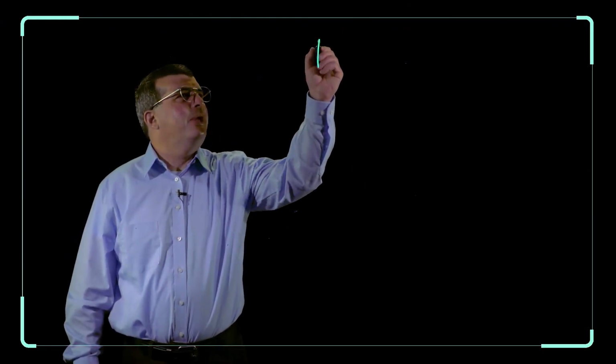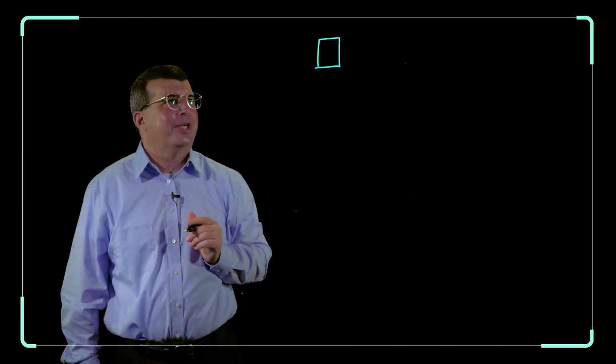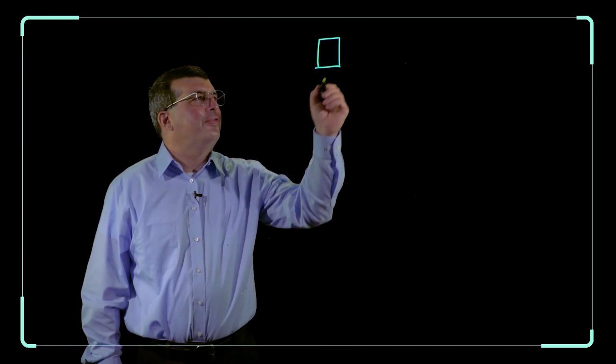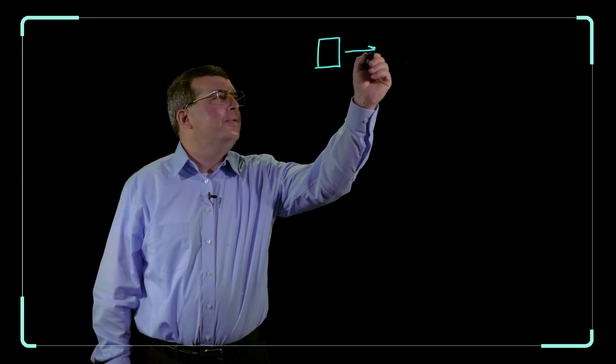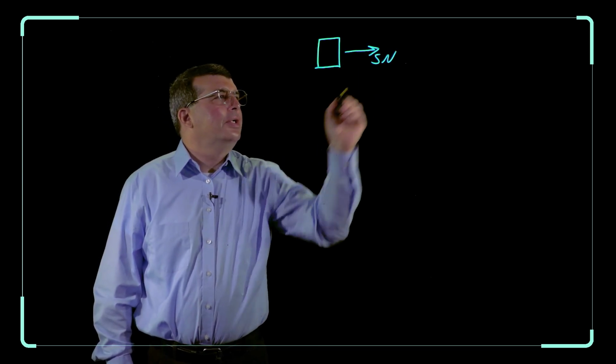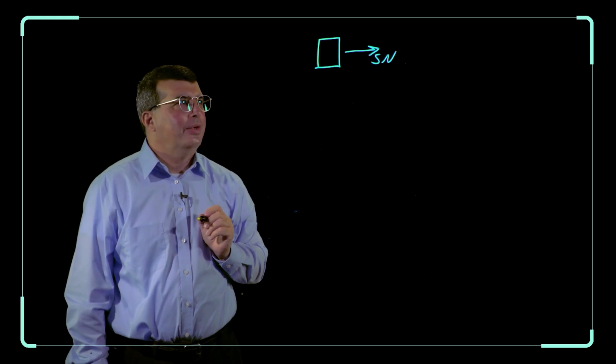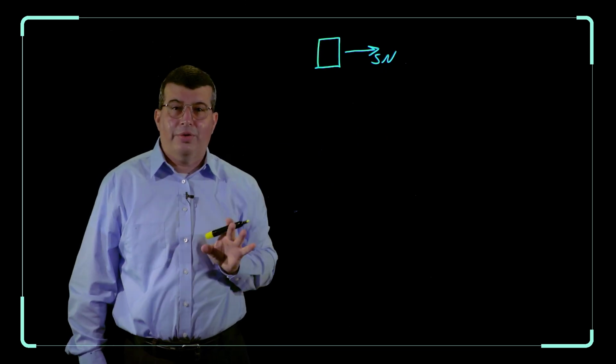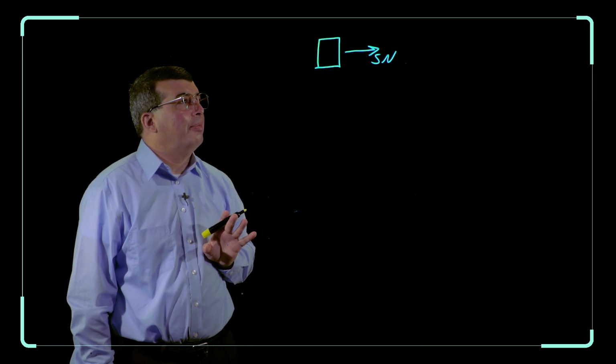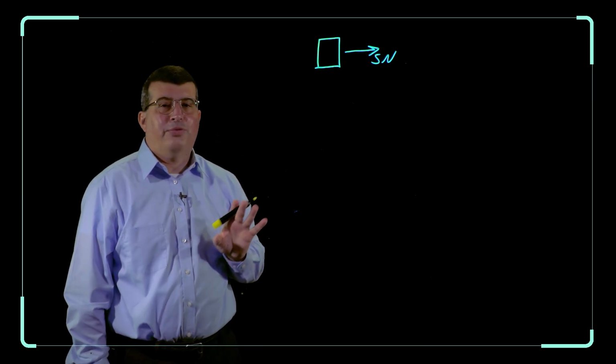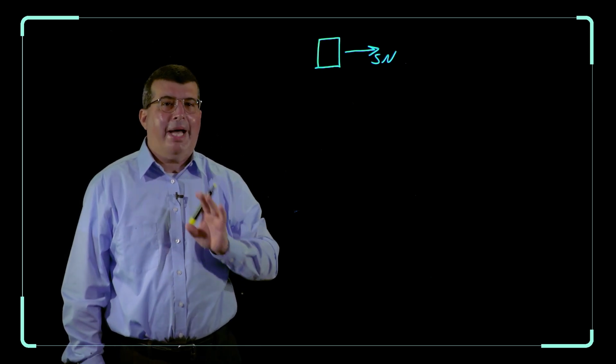Okay, here we have an object. Once again, we don't have to get fancy. That's an object. And let's say that we have a force of 5 newtons to the right. Right now, that's the only force on that object. So that force would be unbalanced.